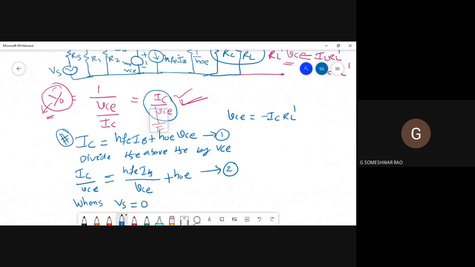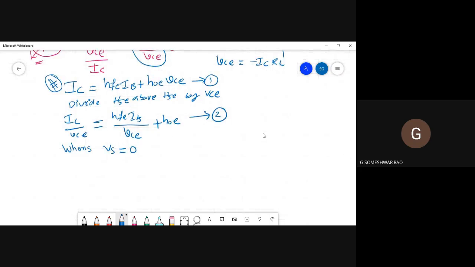Redraw the above circuit by making Vs a short, or Vs equal to 0. If I draw the equivalent circuit, then with Vs equal to 0, you will be having an Rs, and then you will be having R1 and R2.